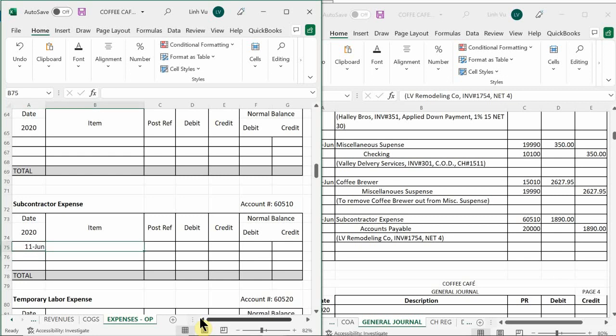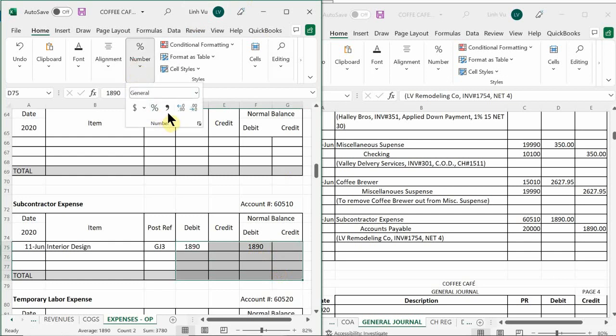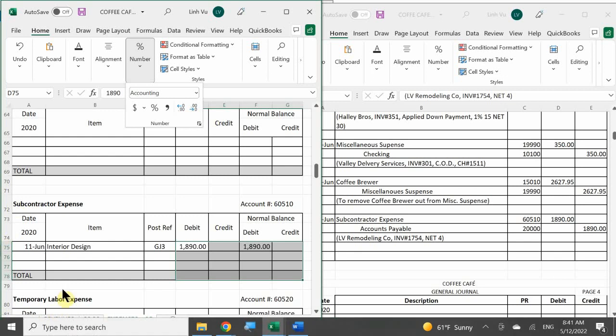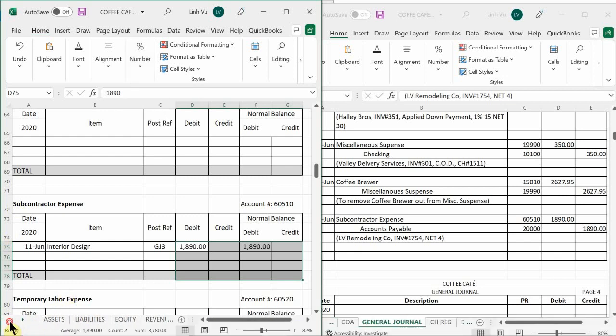And you could say interior design. We're on the last end of the third page for $18.90. So we just increased our expenses. Okay. And since we received a bill and chose to pay later, we're going to also increase our liabilities.